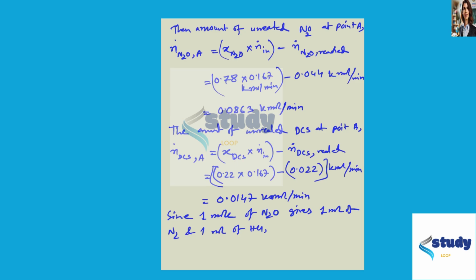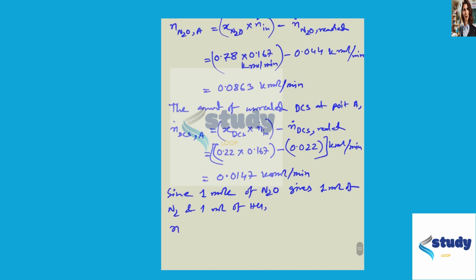Therefore, the number of moles of nitrogen and hydrochloric acid at point A are the same as the number of moles of nitrous oxide which reacted, which is 0.044 kilomole per minute.